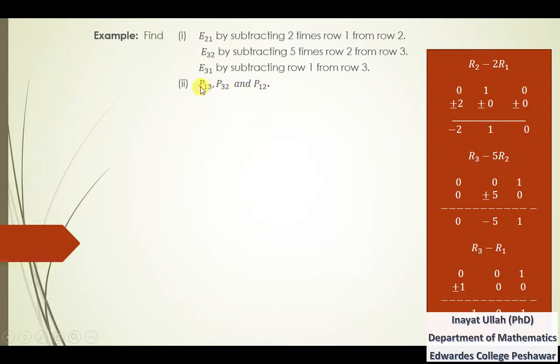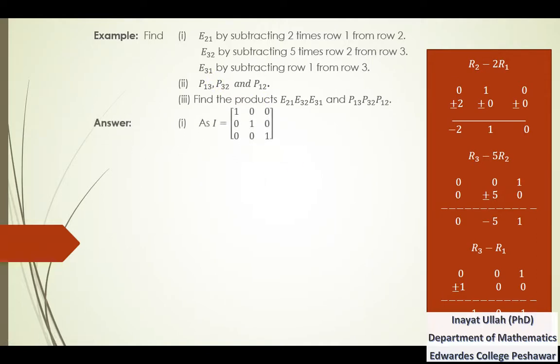P13 means we exchange row 1 with row 3, P32 exchanges row 3 with row 2, and P12 exchanges row 1 with row 2. Thirdly, we need to find the product of all these elimination matrices and the product of all three permutation matrices. So let us start.